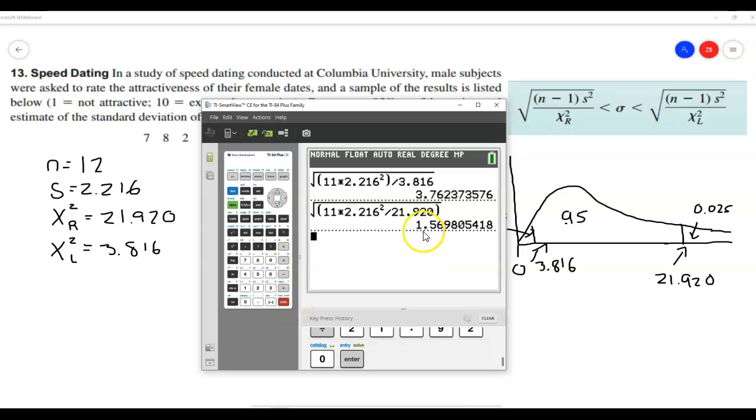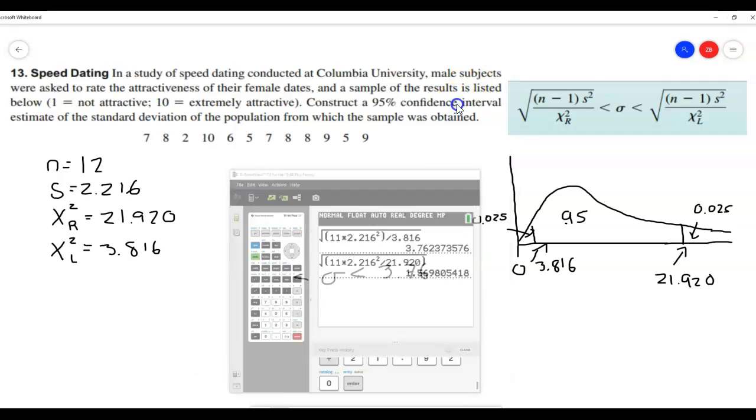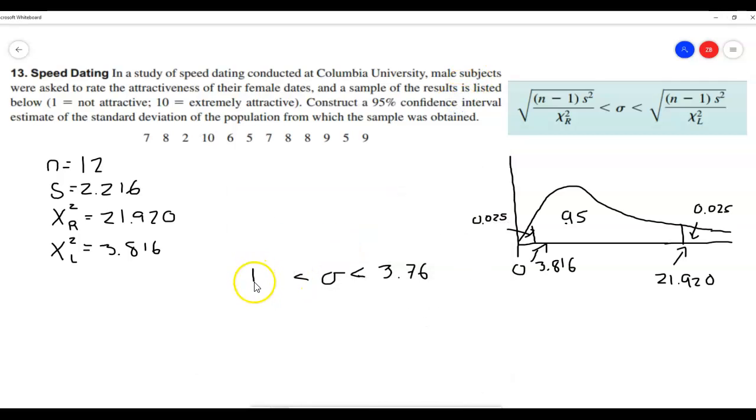Just like that, and that one's 1.57. So this is 1.57.